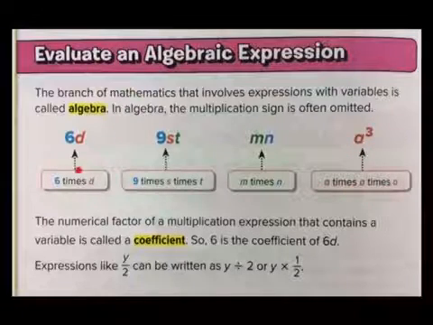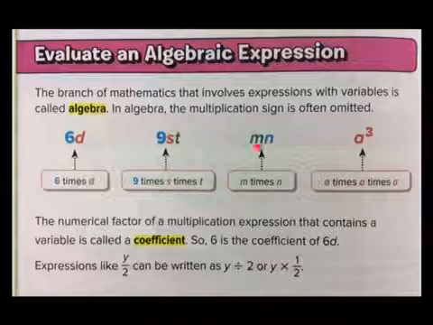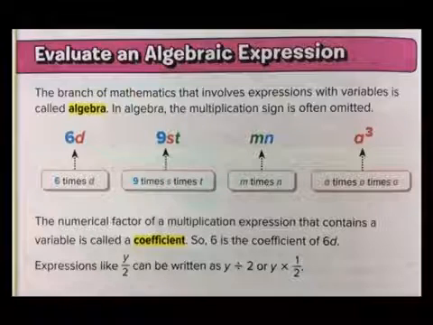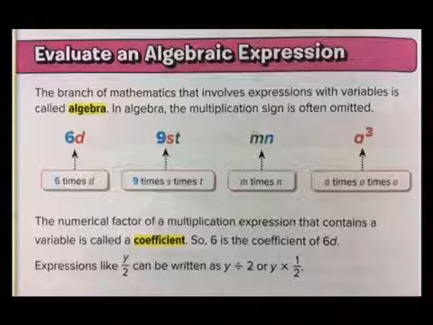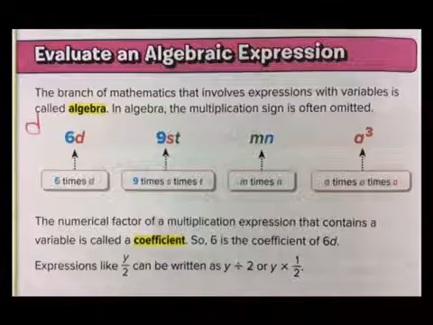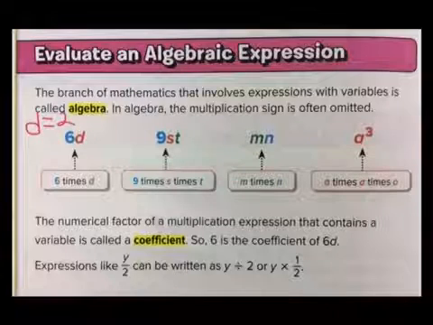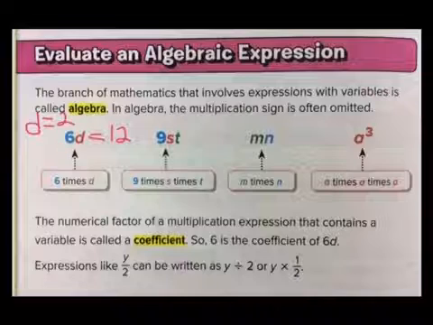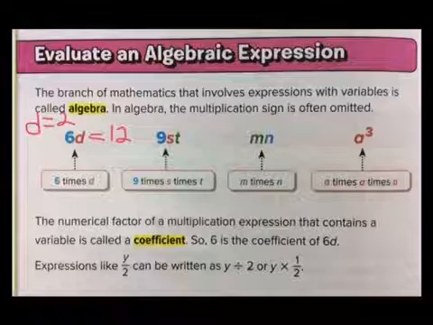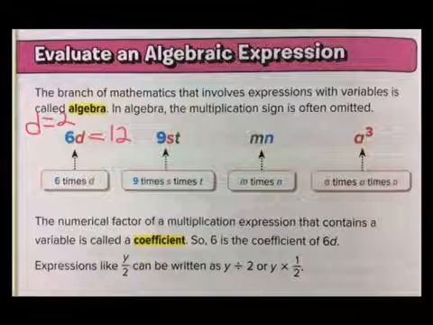You're probably wondering, but wait a minute, how do I multiply these variables? How do I multiply these letters? Well, we don't know the value of these yet. But for example, if I were to tell you in this one, d equals 2, you could tell me that this equals 12 because it's 6 times 2, right? Because d equals 2. But I'm just making those values up. I don't know that.